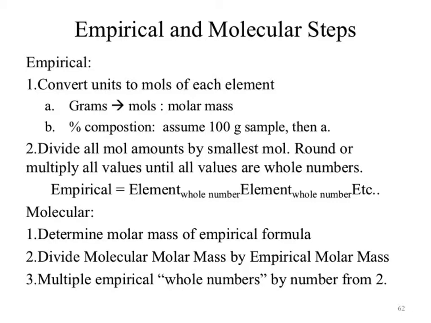Okay? Here's an empirical formula. Arguably this is a bad empirical formula, but we'll talk about it in a little bit. NaCl is an empirical formula. An empirical formula is the reduced ratio for a covalent compound. Is sodium chloride, as written, a reduced ratio? Yes. Why? Because it's 1 to 1. I can't get any smaller than that.